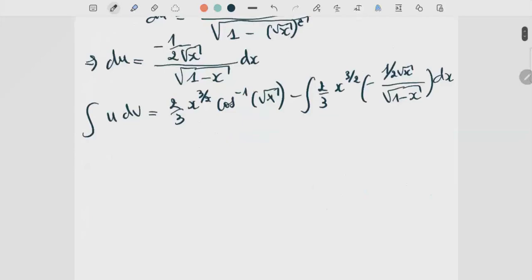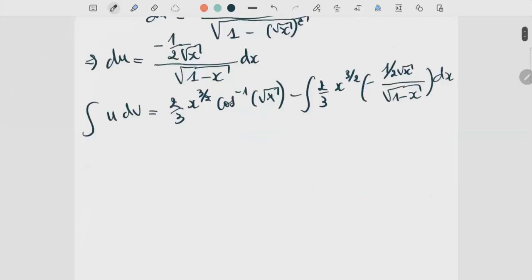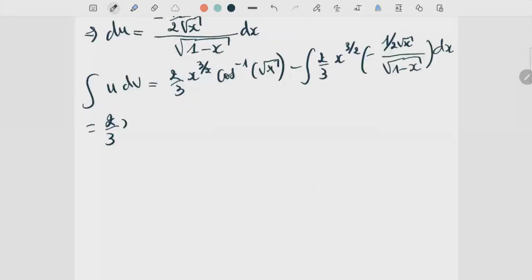Now let's see if we can simplify this expression any further. This would just become 2 over 3 x to the 3 over 2 multiplied by arc cos of root x, minus minus, so that would be plus there, the integral of, and maybe to simplify the expression as well, we'll take out the constant.